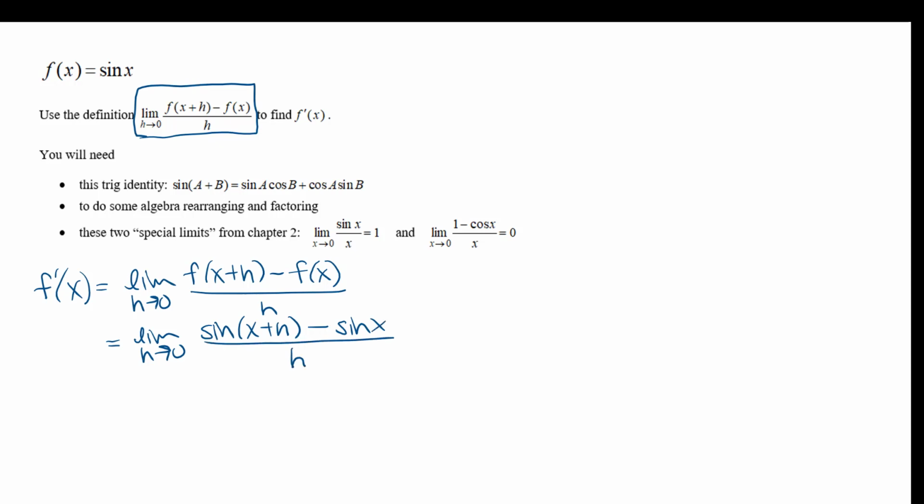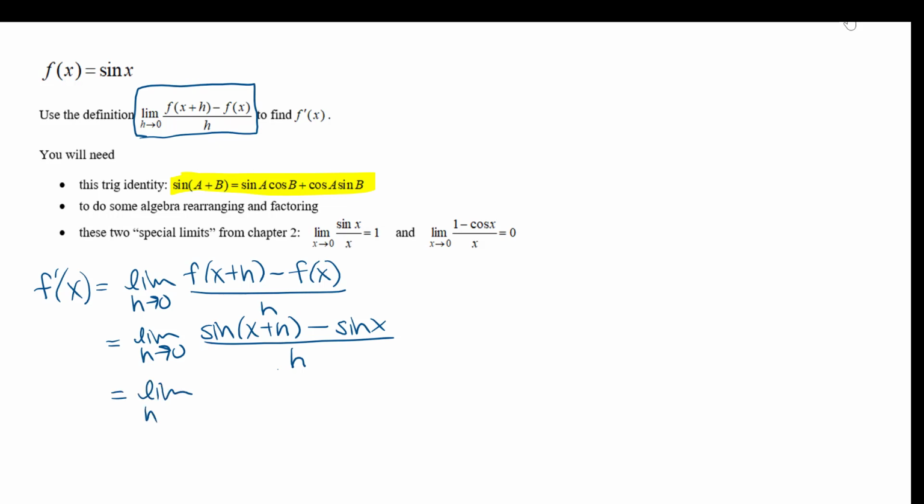Okay, sometimes students are tempted to try to distribute a sine function through the parentheses, but it doesn't work that way. There's a little reminder up here of a trig identity about how that actually works when you have sine of a sum of two angles. So we're just going to apply this identity to what we have right here.